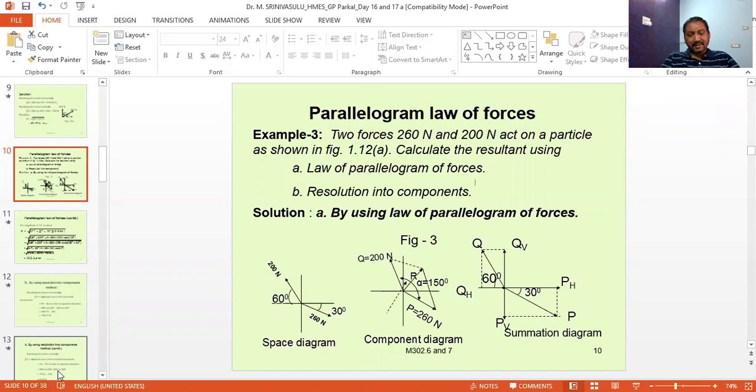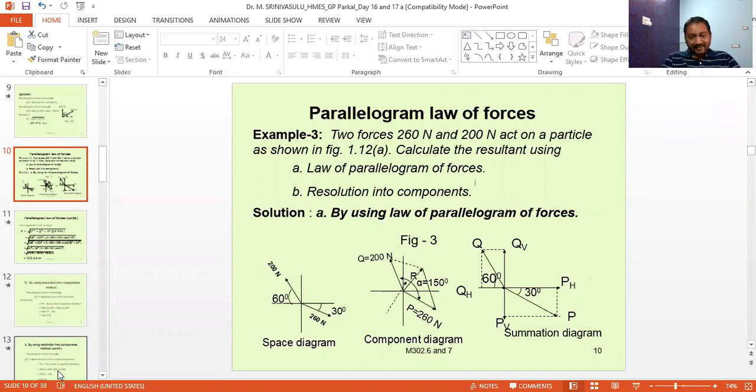So force P is nothing but 260 newtons into cos 30, and PH is acting towards the right, that is the positive x direction.